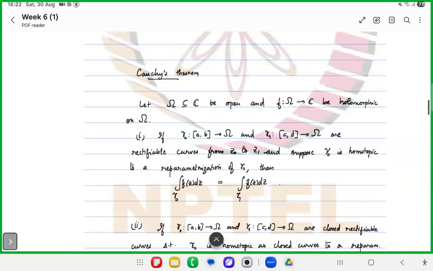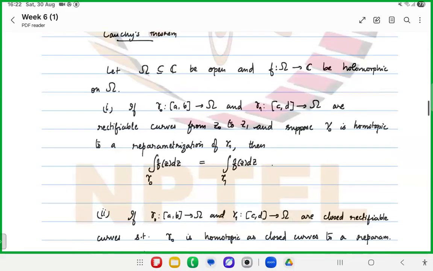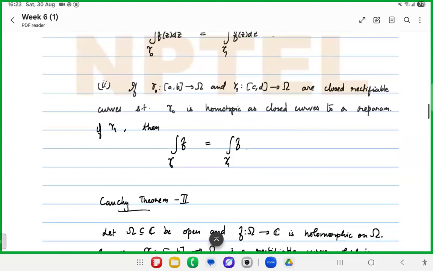Then we have this Cauchy theorem, which says that if gamma naught and gamma 1 are homotopic, their integrals are the same. And the other thing is that their integral is the same over gamma naught and over gamma 1.